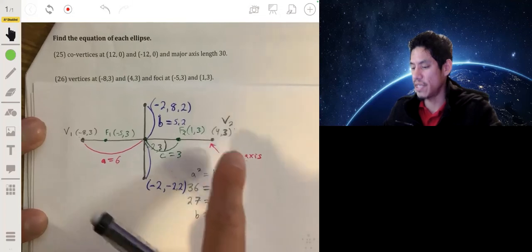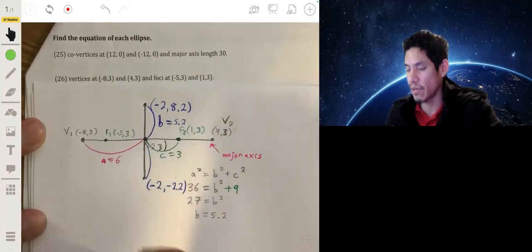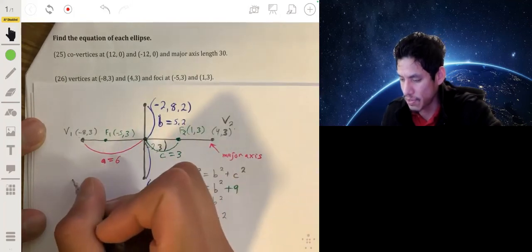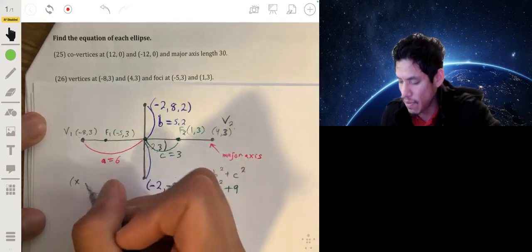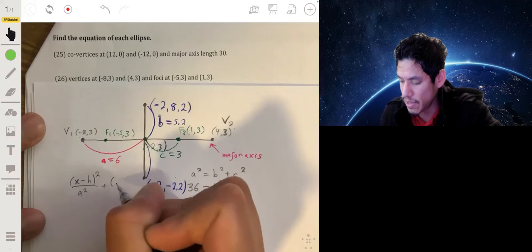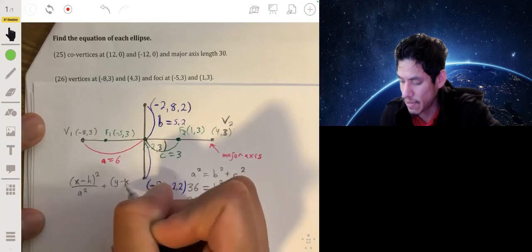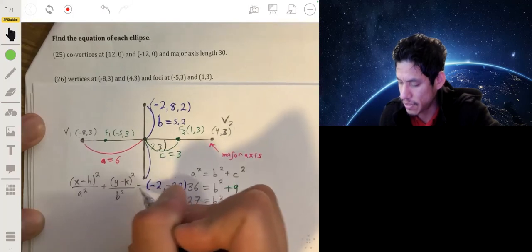And so, since this is a horizontal ellipse, that means the a squared will go under the x. So again, remember, we're going to have (x - h) squared over a squared plus (y - k) squared over b squared is equal to 1.